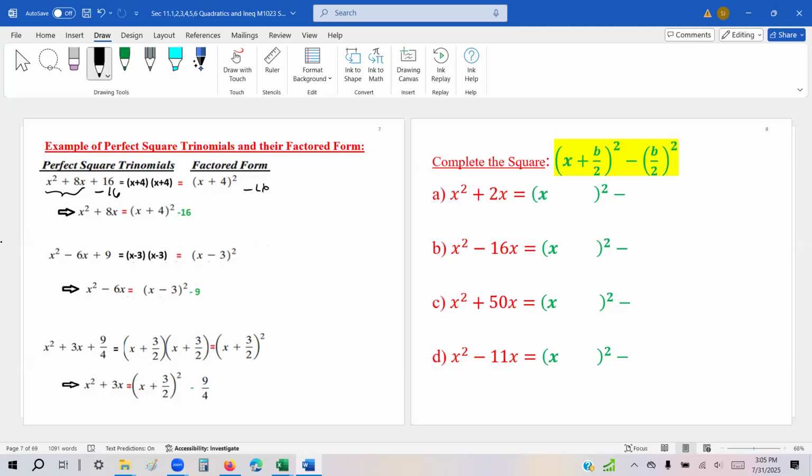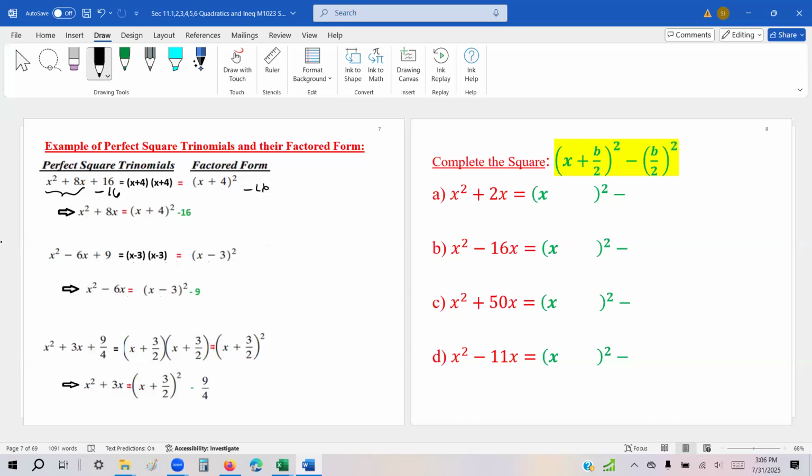Look at this one, x squared minus 6x plus 9. This is factorable. Two numbers that multiply to 9 and add to negative 6 are negative 3 and negative 3. So you get a perfect square here. x squared minus 6x plus 9 is (x minus 3) squared. But let's say you're not given this, you're given only x squared minus 6x.